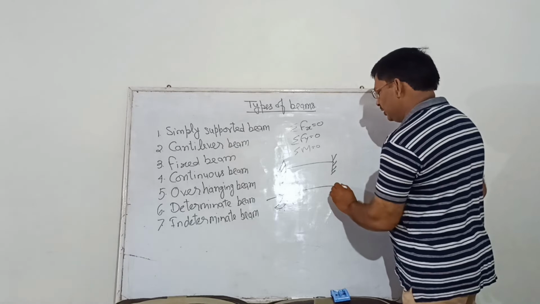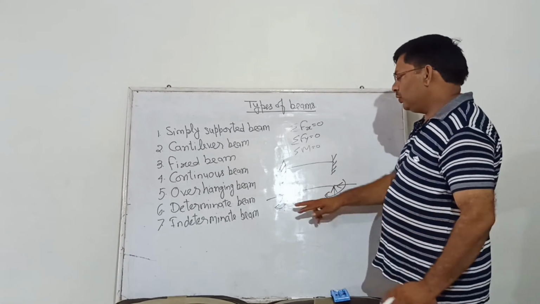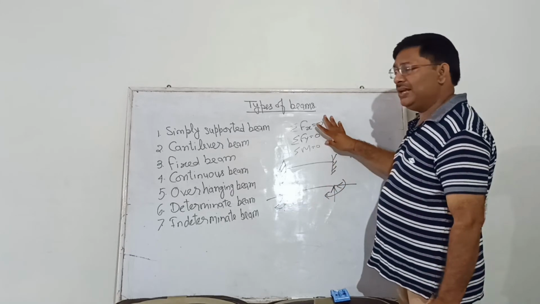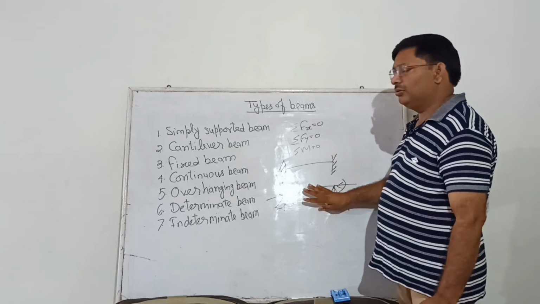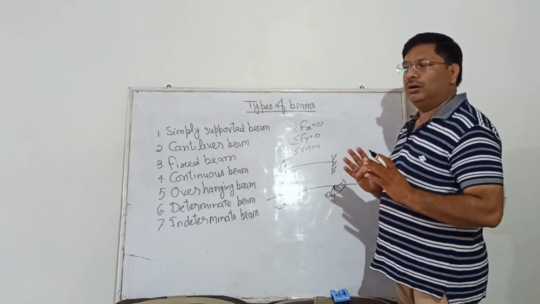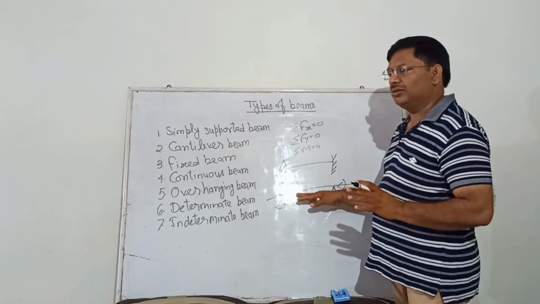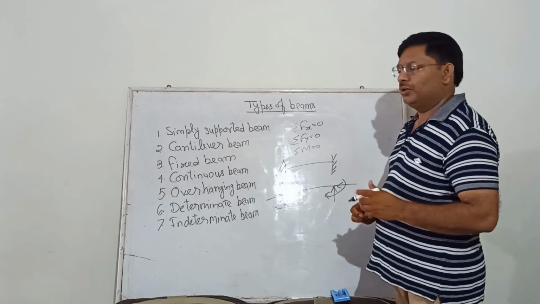Similarly, one vertical reaction, one horizontal reaction and one moment at this end. So you can see a total of 6 unknowns are there. Now you have only 3 equations to solve these unknowns, and we have 6 unknowns. So it is not possible to find the value of the reactions or unknowns in this case. That's why this type of beam is known as an indeterminate beam.